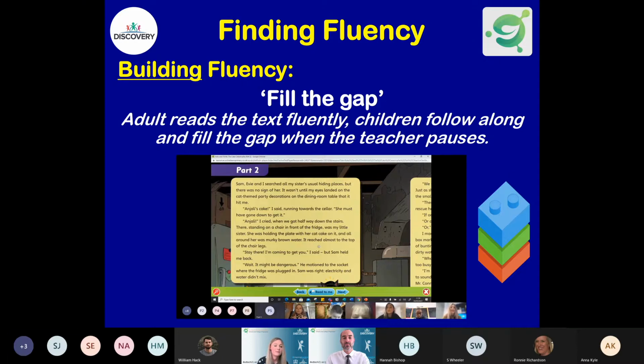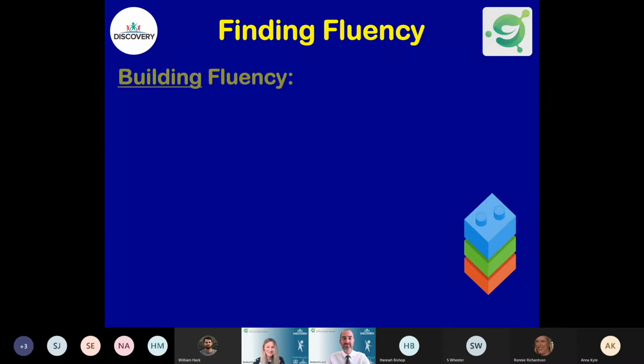She was holding the plate with her cat cake on it, and all around her was... murky brown water. It reached almost to the top of the chair legs. Stay there! I'm coming to get you! I said, but Sam held me back. Wait, it might be dangerous. He motioned to the socket where the fridge was plugged in. Sam was right. Electricity and water didn't mix.